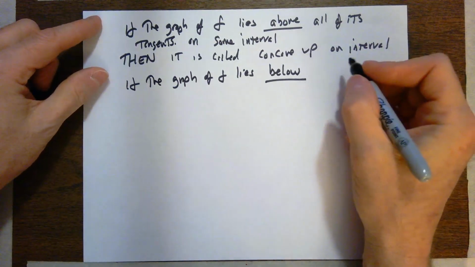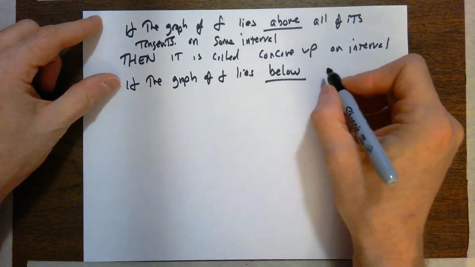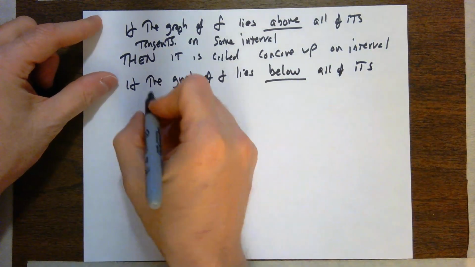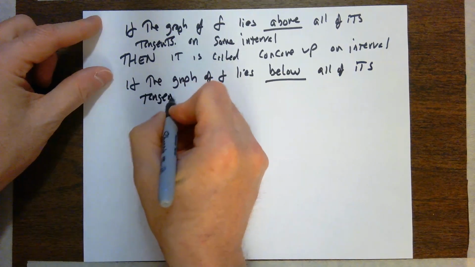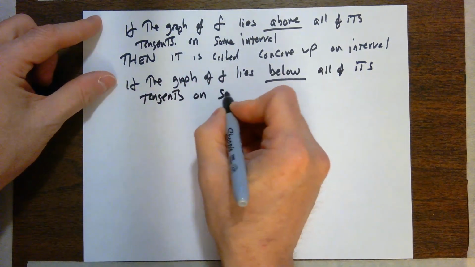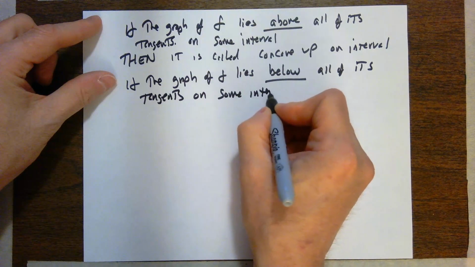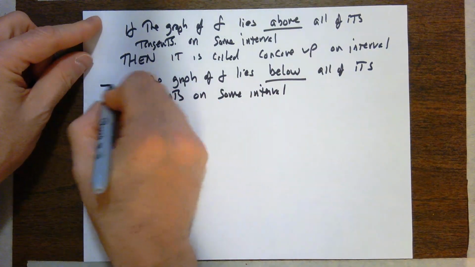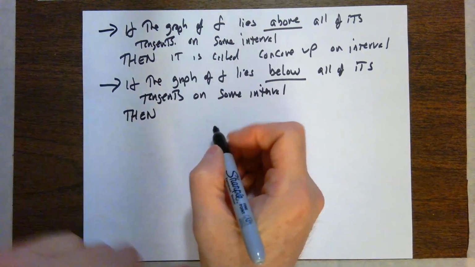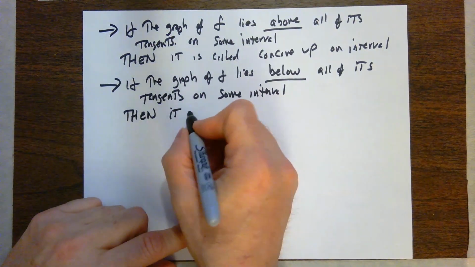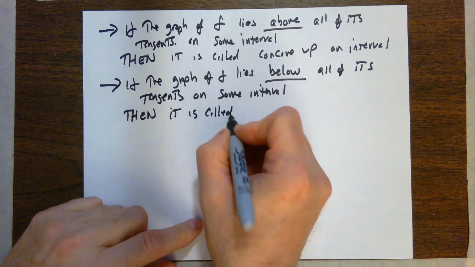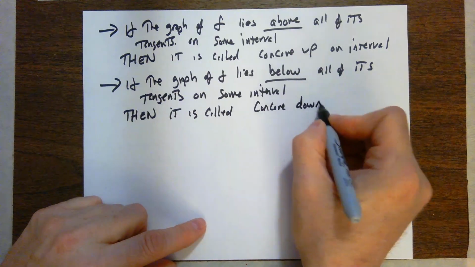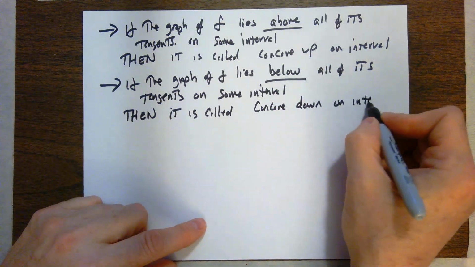If the graph of the function f lies below all of its tangents on some interval, then it is called concave down on that interval.